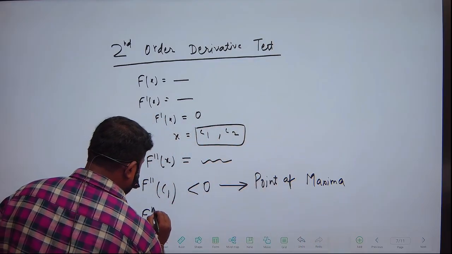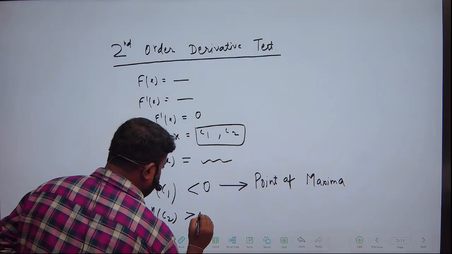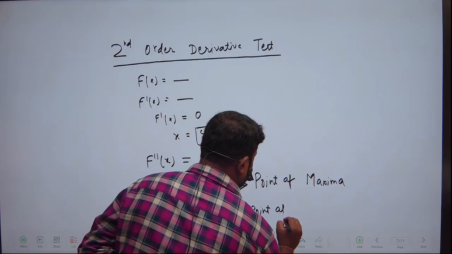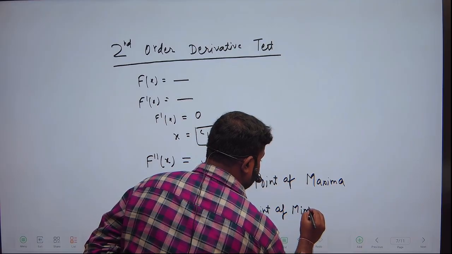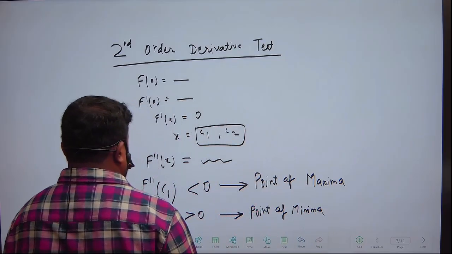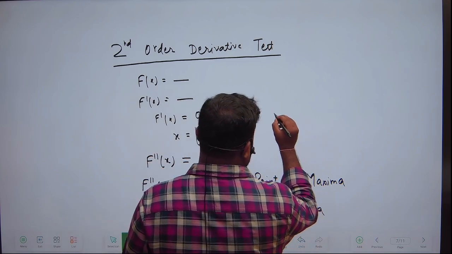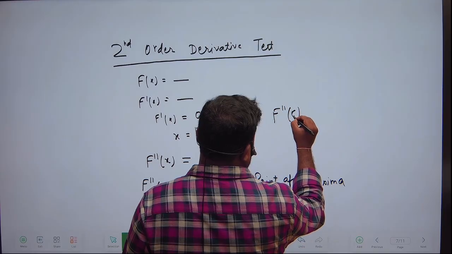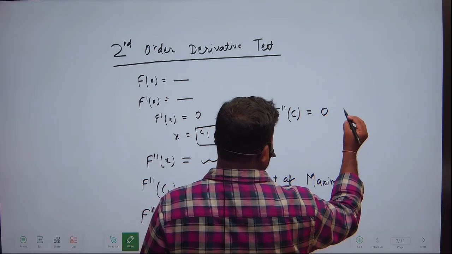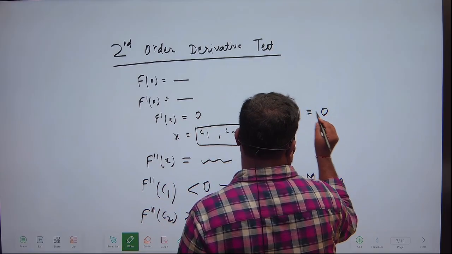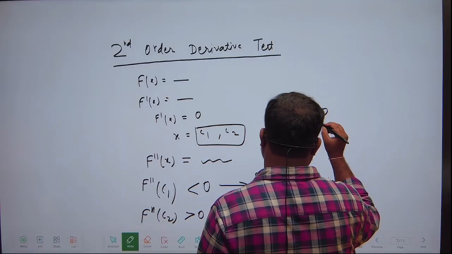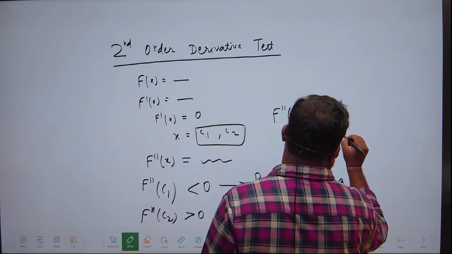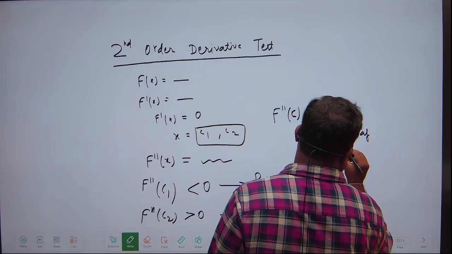When f double dash of c2 is greater than 0, then we can say it is a point of minima. And one more thing, we can also write f double dash of c equals 0. If the double derivative value is 0, then this point is known as the point of inflection.